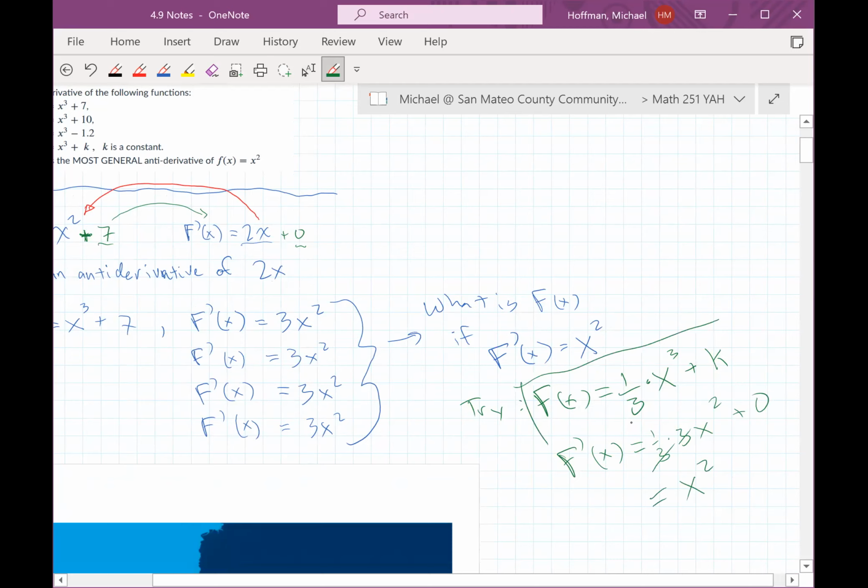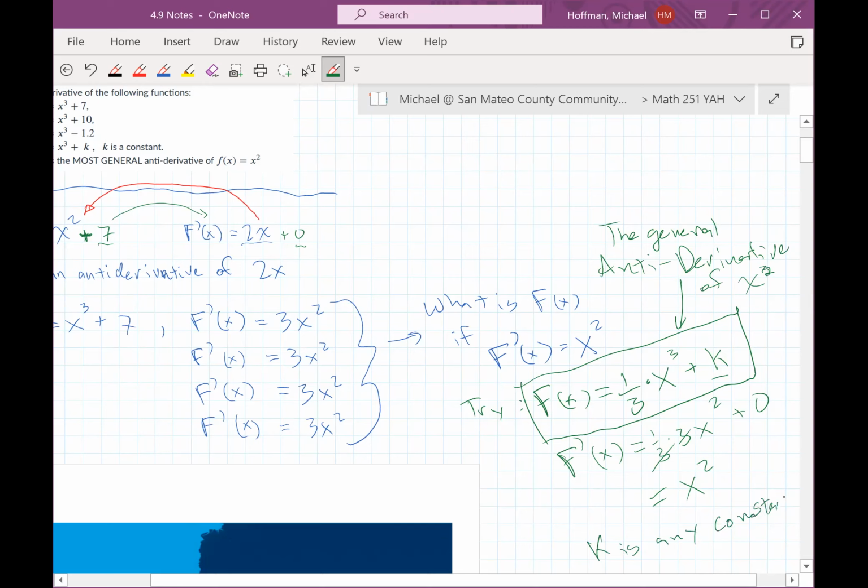So this right here is what we call the general antiderivative of the function x squared. Not x cubed, x squared. Where k is some constant, and in fact, it's any real number constant.